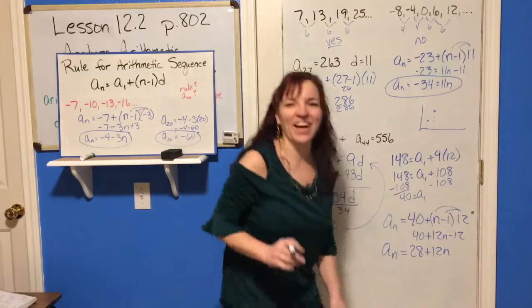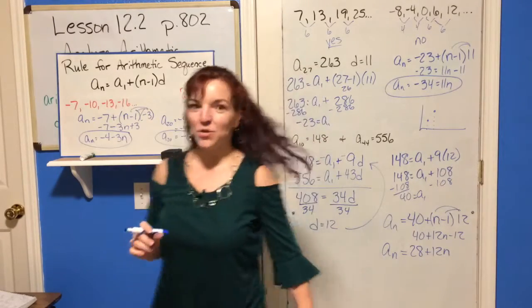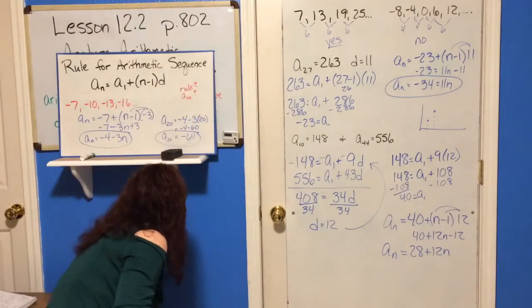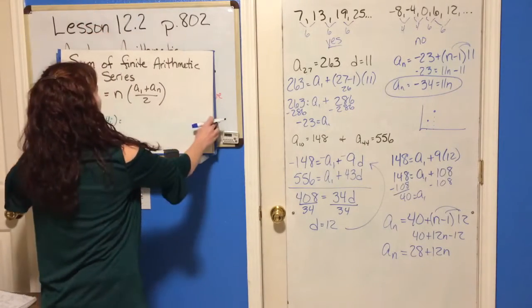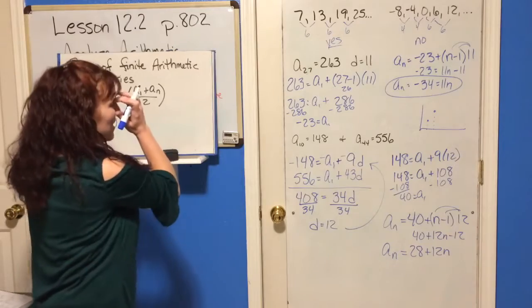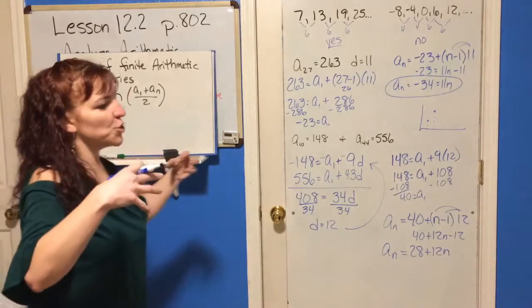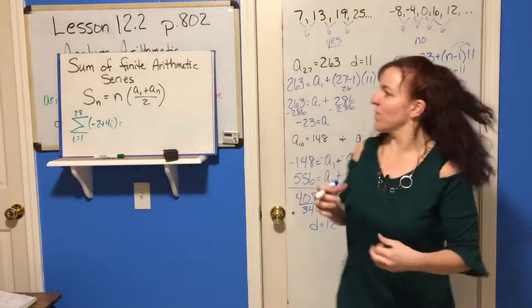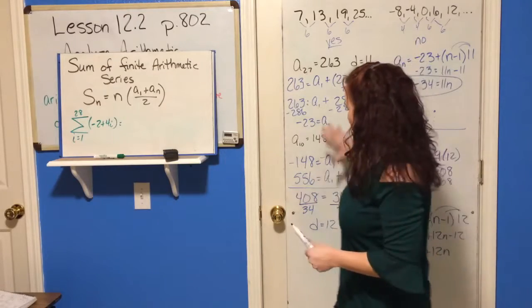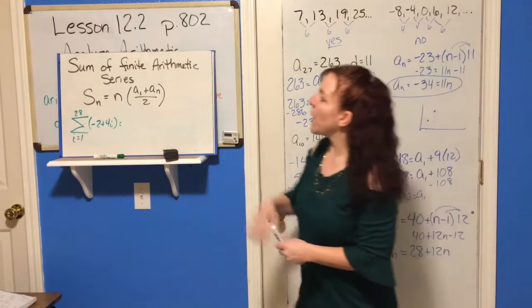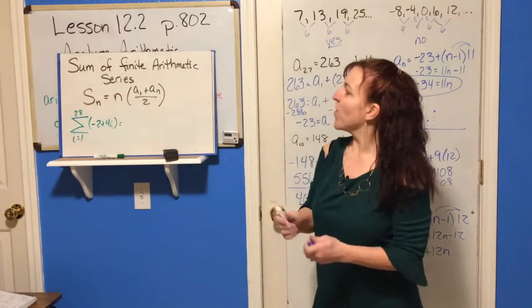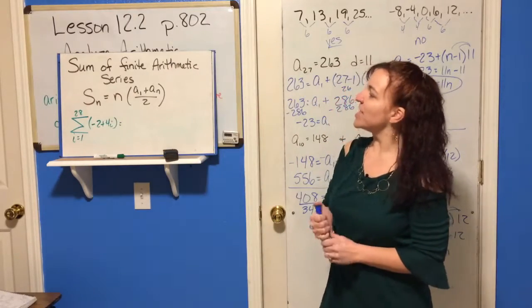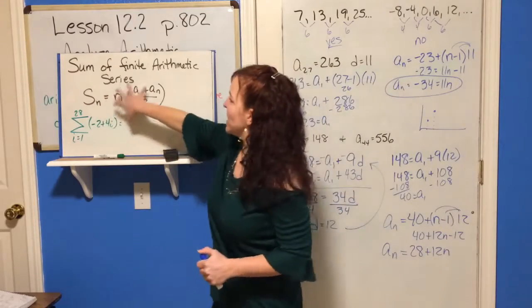Woohoo! All right. So far, so good. We still have a lot more to go. Keep going. So now, of course, to be a series, we've got to add them all up. Once we get the rule, the sum of the series is simply this equation.